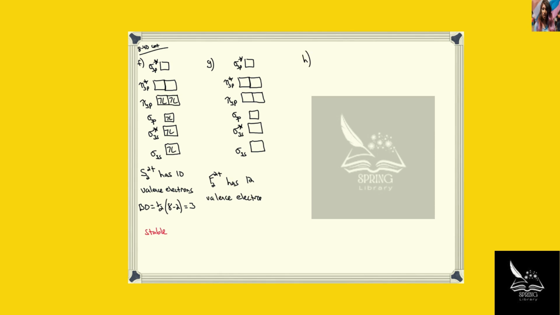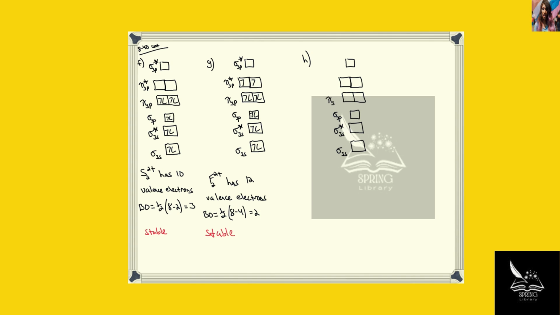We plug in all 12, and we get this. So we have 1, 2, 3, 4, 5, 6, 7, 8, minus 1, 2, 3, 4. 1/2 of 8 minus 4 is 2, so this is also stable. Again, anything with a bond order of 1 or greater is going to be stable.